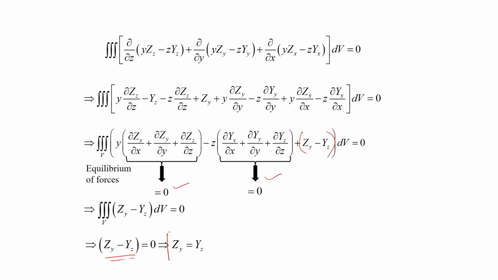What it means is that σzy, the shear stress that acts along the z axis on the plane perpendicular to the y axis, is equal to the shear stress that acts along the y axis on the plane perpendicular to the z axis. So, σzy is equal to σyz.